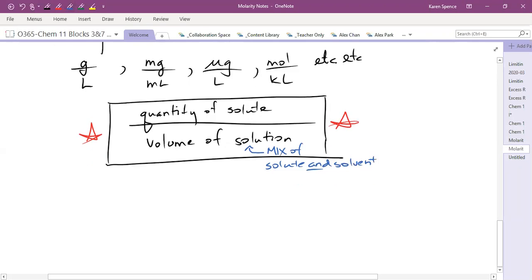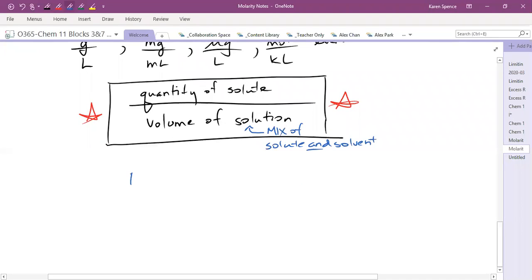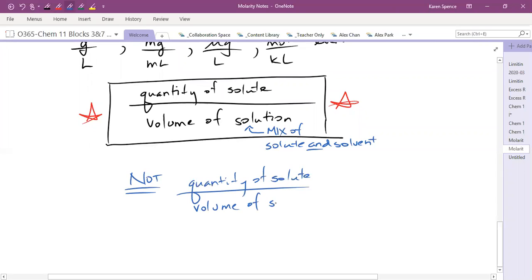What concentration is not, is the quantity of solute per volume of solvent.